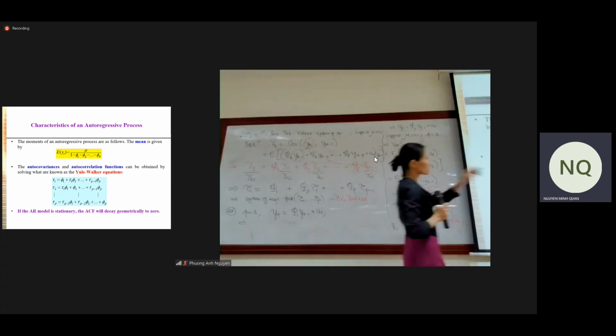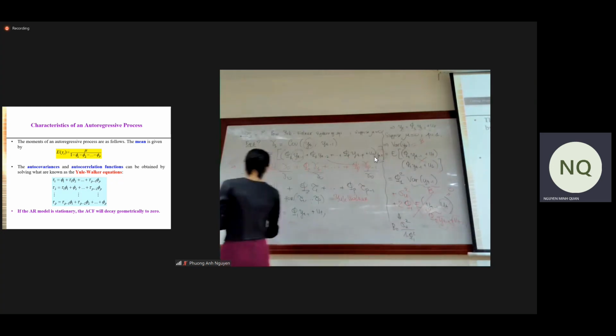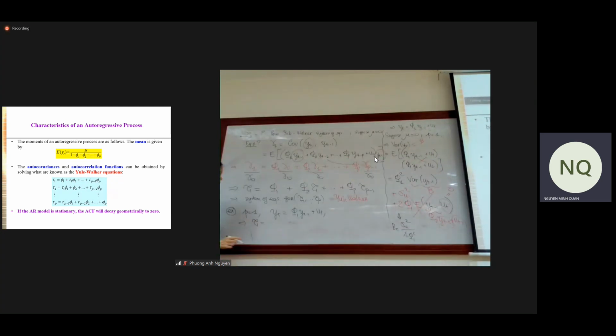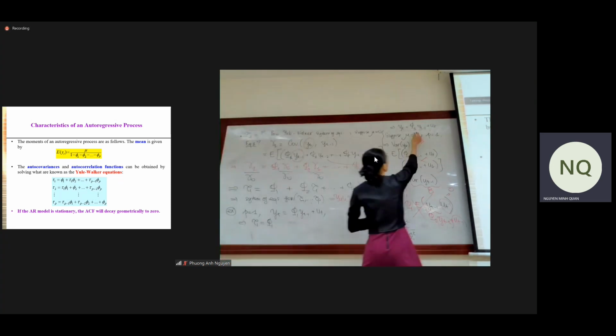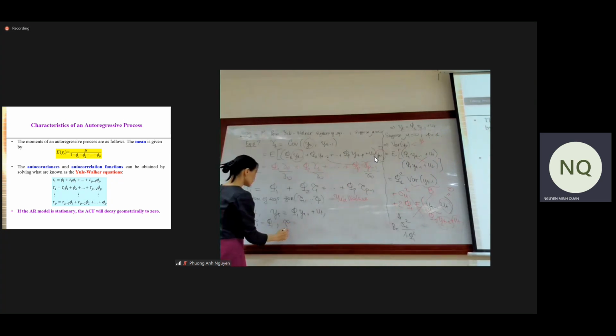Imagine the first equation will give you tau_1 equal to phi_1, because in the model you have only phi_1, we don't have phi_2. And so also tau_2.